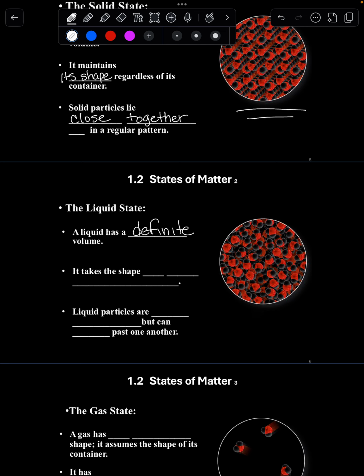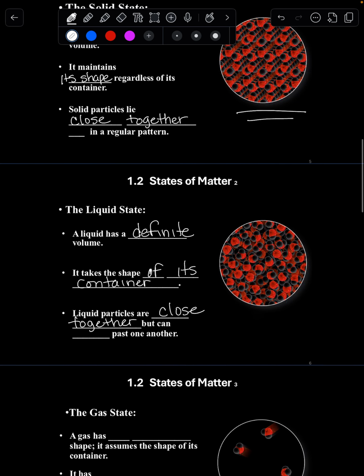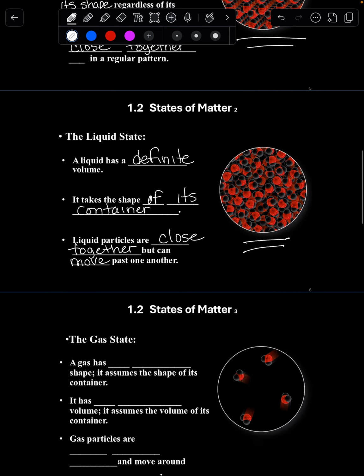However, it takes the shape of its container. You're quite familiar with water, and you can pour water into different shaped containers, and it takes on the shape of the container. Liquid particles are still close together, but they do have the ability to move past one another. The molecules themselves can move past one another. And so again, this is a particle drawing of what the liquid state of matter would look like.